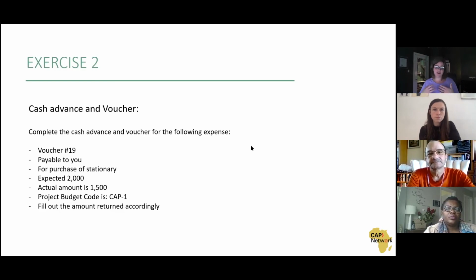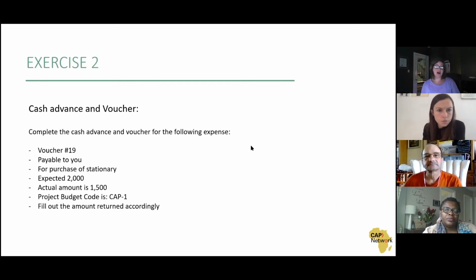I find that actually doing something helps it to stick in my mind better than having just heard someone talk about it. So if you are new to bookkeeping and new to using these kinds of tools, please do take the time to go through these exercises.